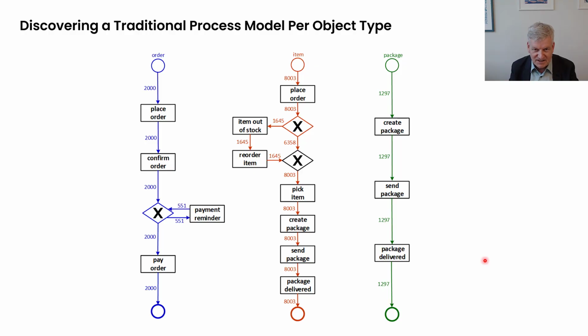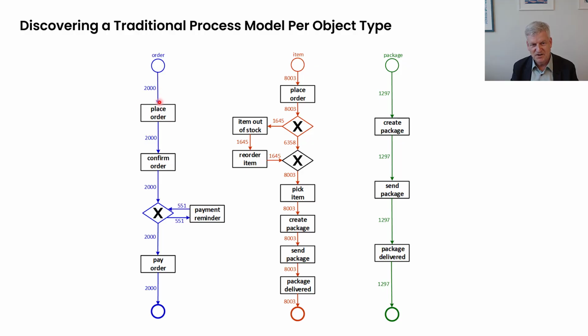If you would apply classical process discovery, you would see, okay, we can discover the flow for orders, we can discover the flow for items, and we can discover the flow for packages. This is using traditional process mining. But the step before this is that I have flattened my event data. So look at, for example, place order.